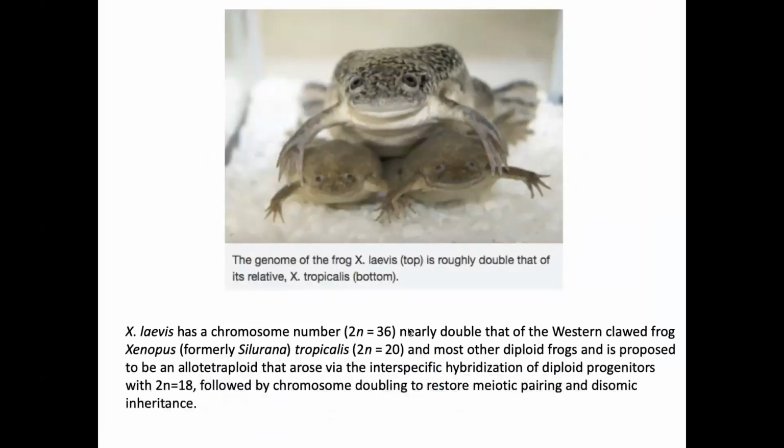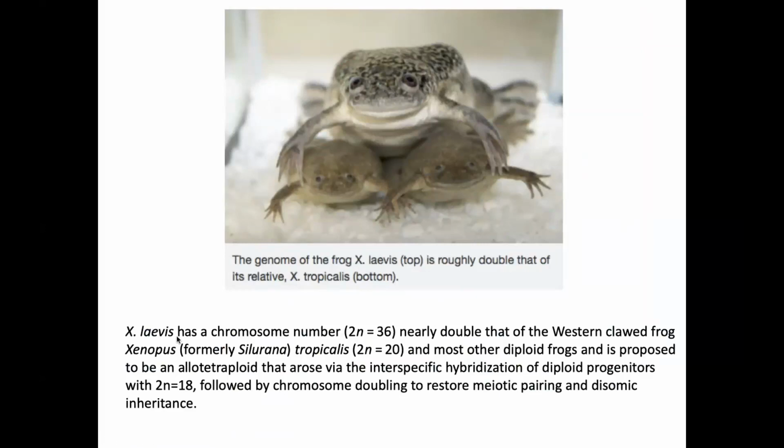And here's one other example, and this is actually a recent determination through more modern genetic analysis. There's a type of frog, Xenopus laevis, that has been used as a model system for a variety of genetic studies, usually relating to questions about development, genetic control of development. Because of its importance as a model system for genetic analysis, you want to understand the genetics of the organism very well.